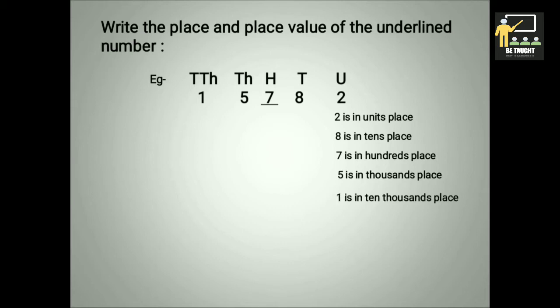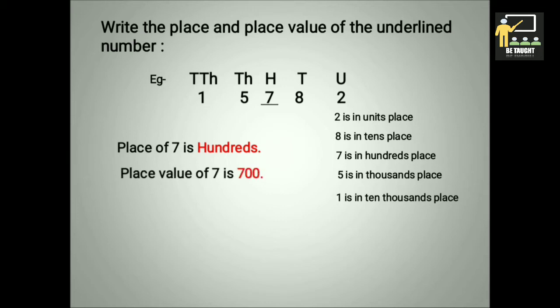And 1 is in the 10,000s place. But we have to write the place and place value of the underlined number, that is 7. So the place of 7 is hundreds and the place value of 7 is 700.